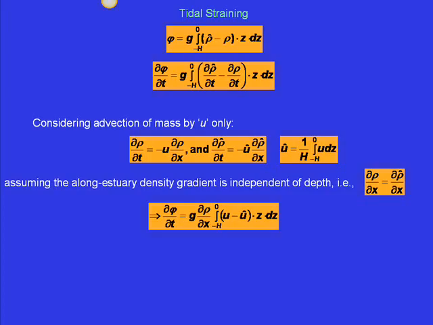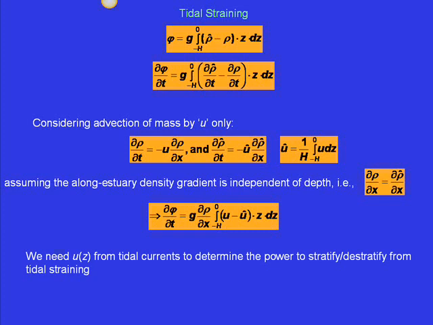Would you have a general expression for U as a function of depth? So that's what we need to do, right? In order to be able to determine d phi dt, we need to get an expression for U. And there are many options that you can choose from, I think.